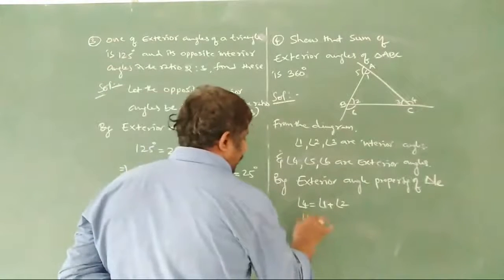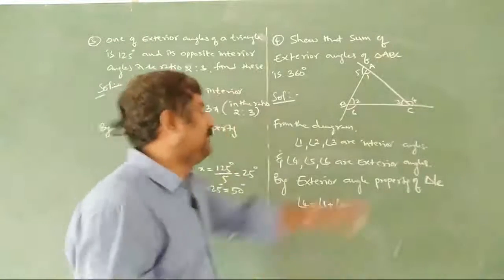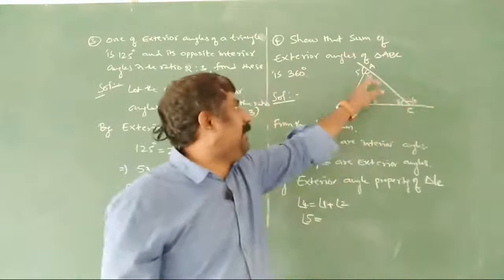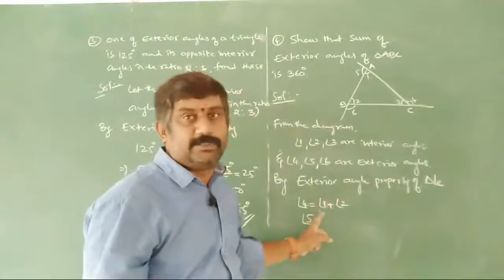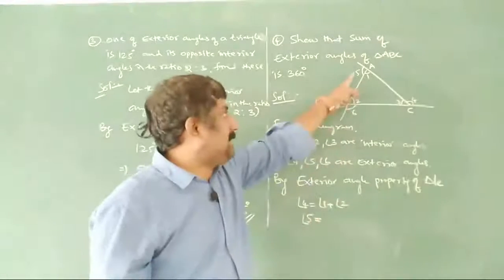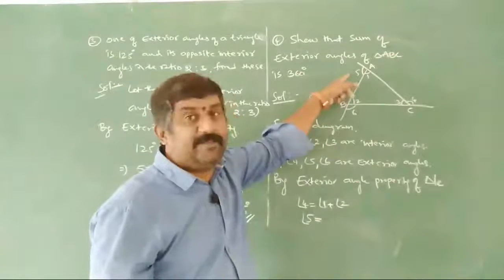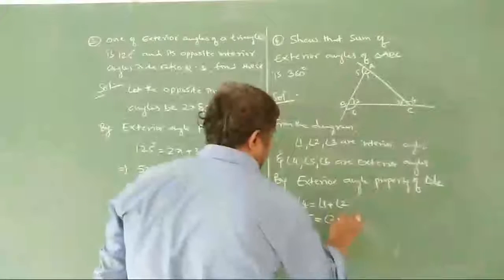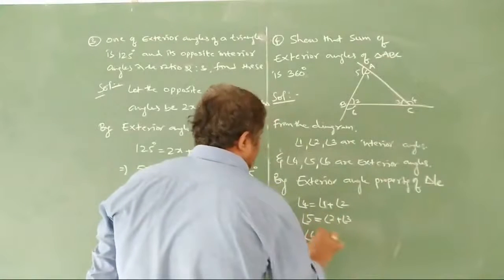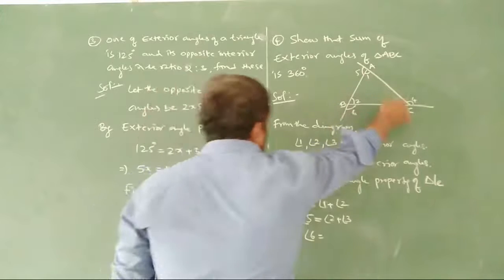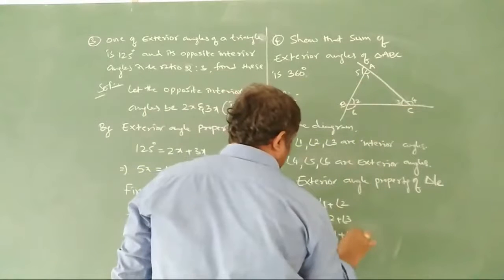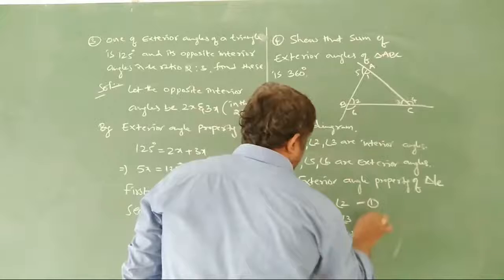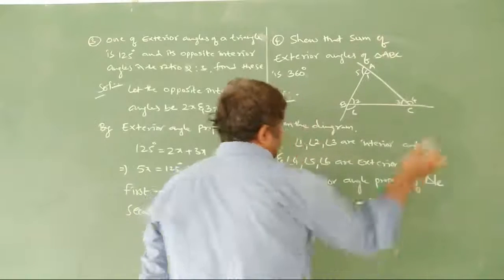Observe here, this is angle 4, opposite interior angles are 1 and 2. So angle 4 equals 1 plus 2. Next angle 5, for angle 5 what are opposite? 2 and 3 are opposite. So 2 plus 3 we are writing. Angle 6, for 6 what are opposite? 1 and 3.